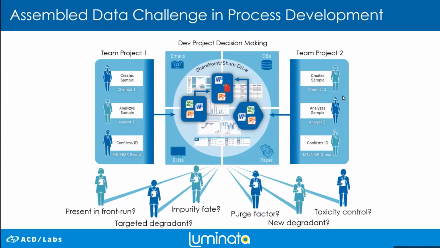Within a project, you may have multiple teams doing multiple things at different streamlines of the project. On the left-hand side, you have the team's project where maybe they're looking at specific stages, specific steps. Maybe for project team 2, you're looking at the targeted degradants, possible impurities, genotoxic impurities, specified impurities. But again, like I mentioned, how is this being handled right now?